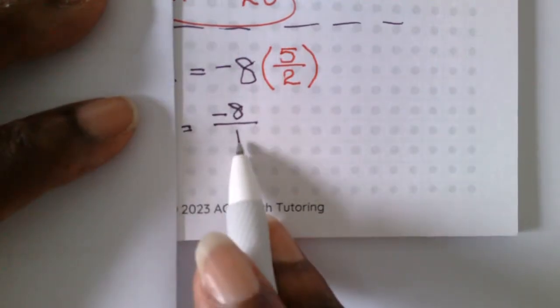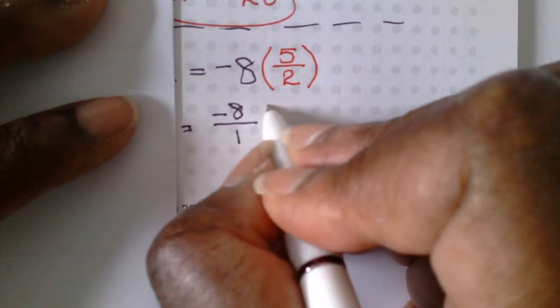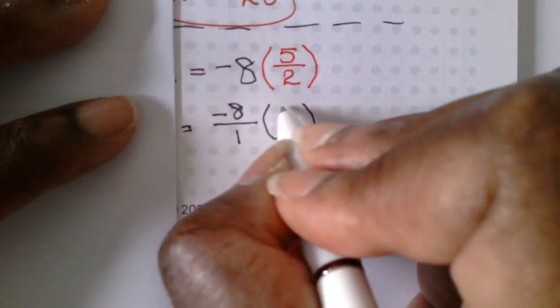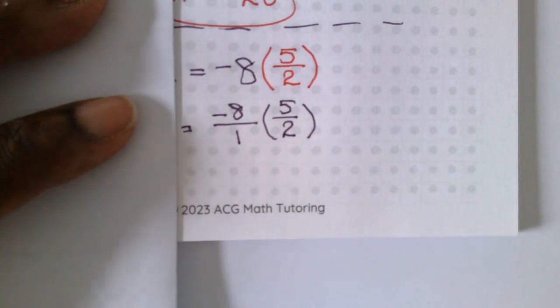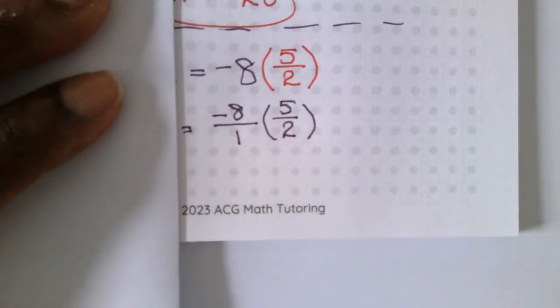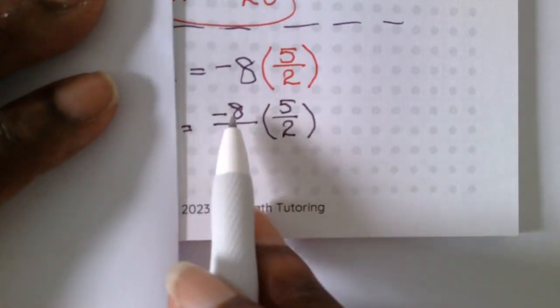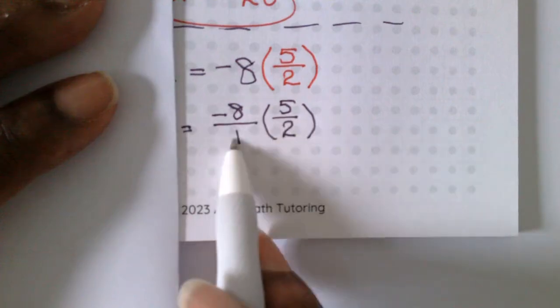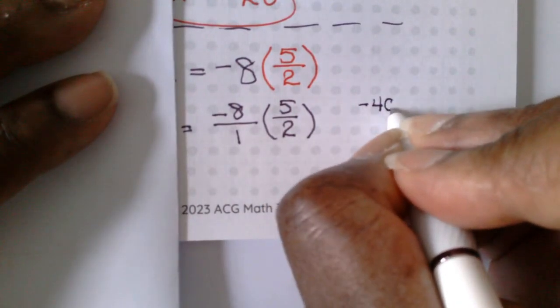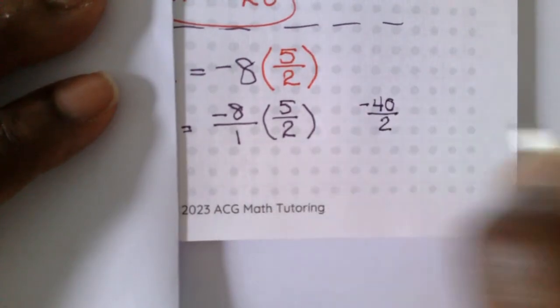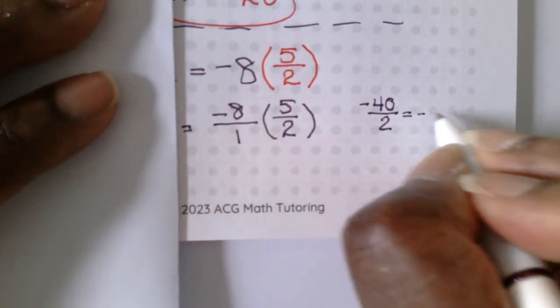You're not devaluing the 8, you're just making it simpler to see your fraction. So from here, you can do one of two ways. You could multiply the numerator, multiply the denominator to get a negative 40 over 2, and then you reduce it.